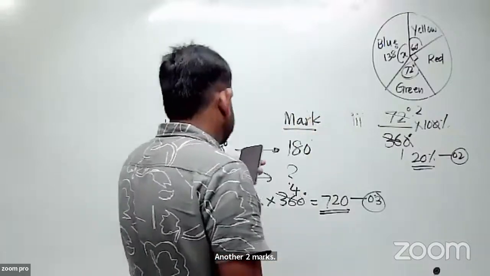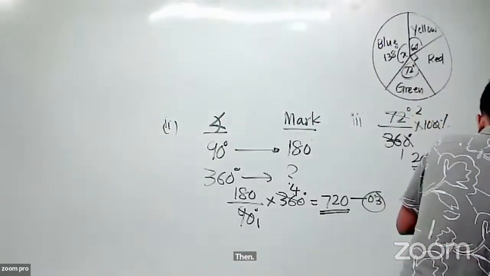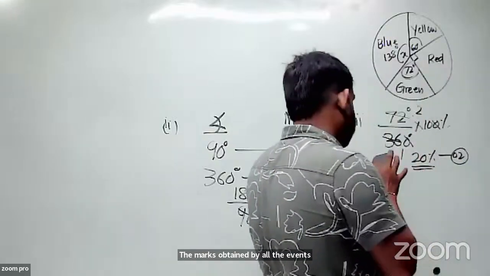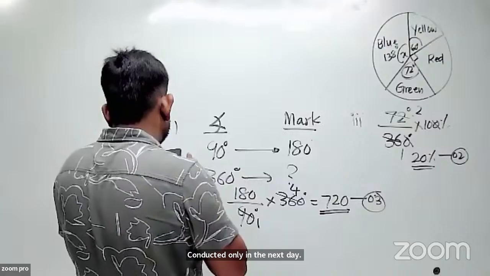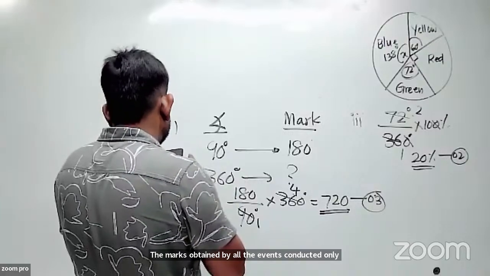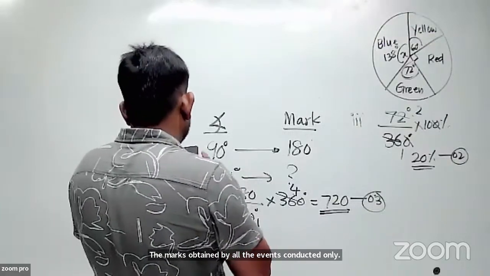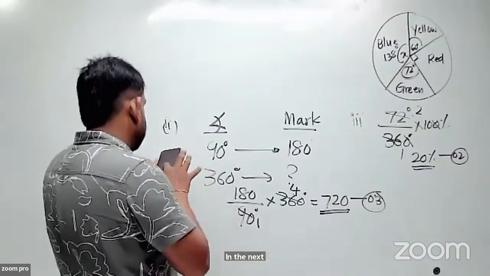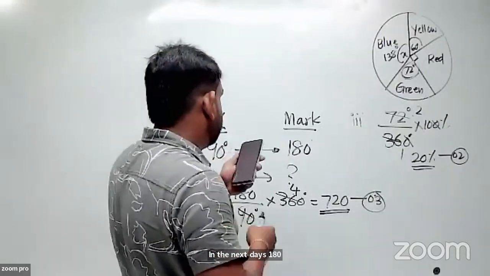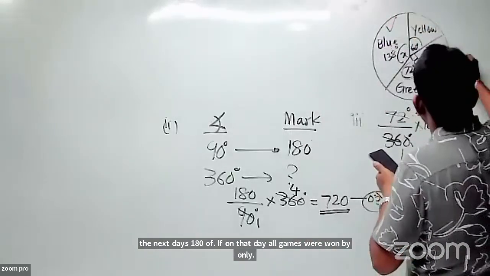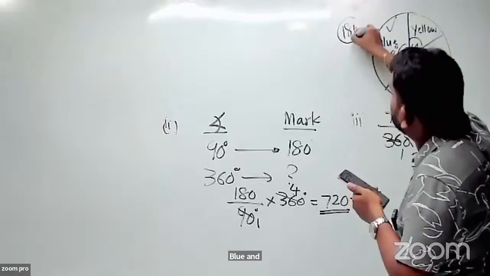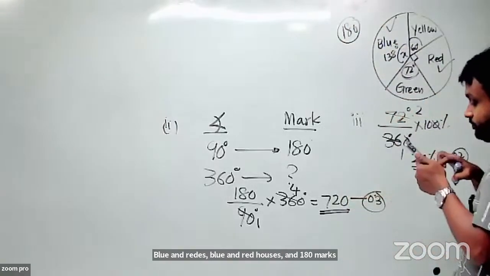Then the marks obtained by all the events conducted only on the next day is 180, if on that day all games were won by only blue and red houses, and 180 marks allocated for that one.